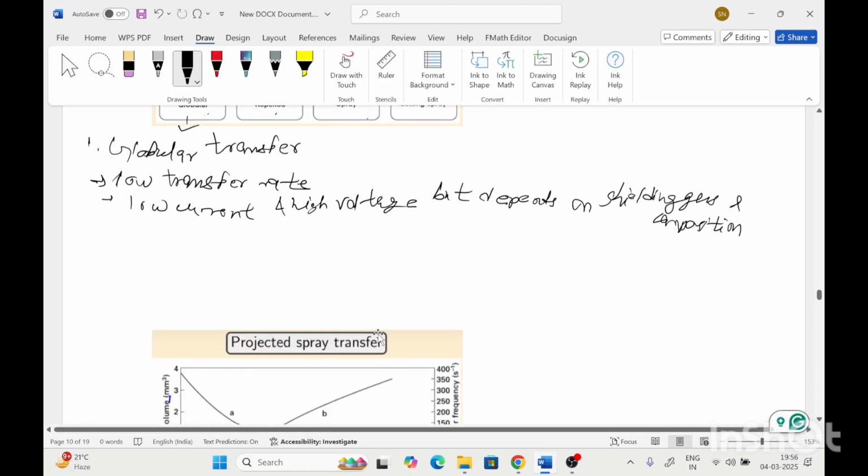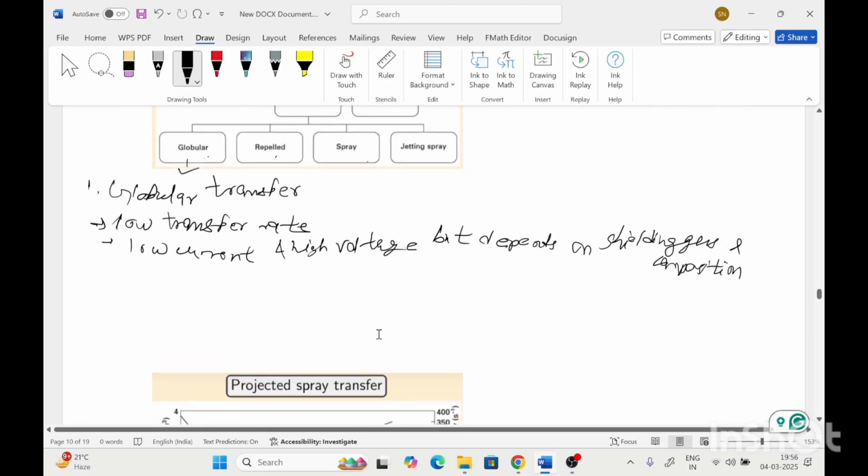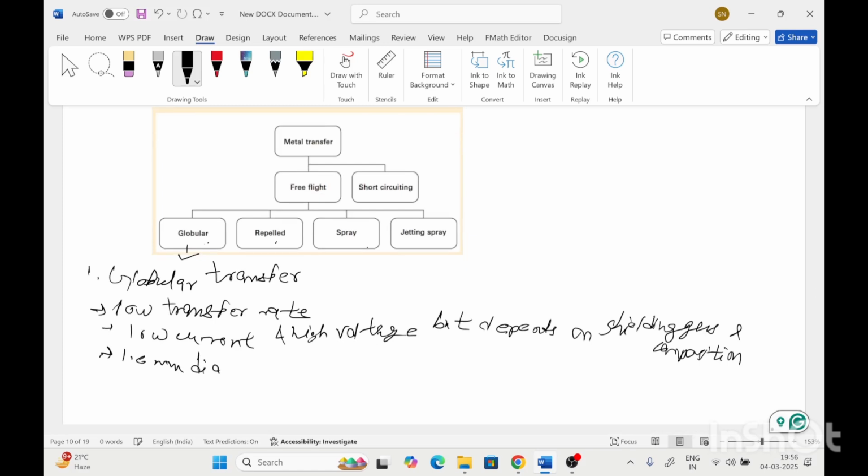This works for a 1.6 mm diameter aluminum wire: with argon shielding it is 100 ampere, and with CO2 shielding the current required is 200 ampere.